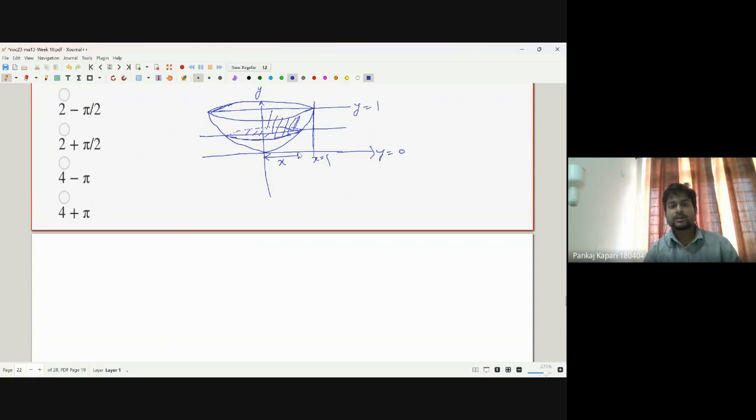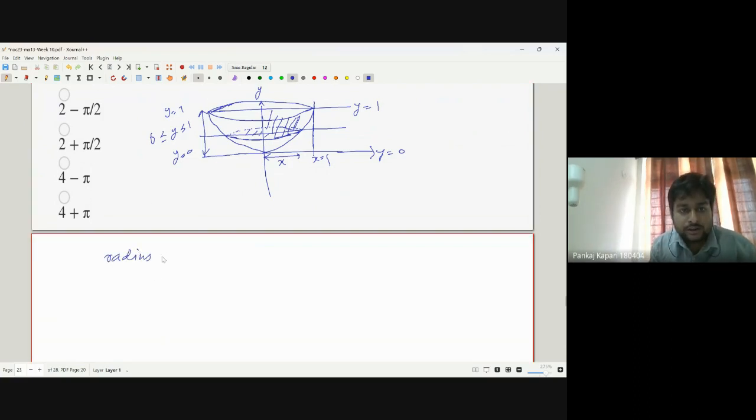The distance is given in terms of x, but you can see that your limits of integration are in terms of y, right? Because this slice can vary between y equal to 0 and y equal to 1. So y lies between 0 and 1. Okay. So what is the radius of the slice, which is actually x, but as a function of y?